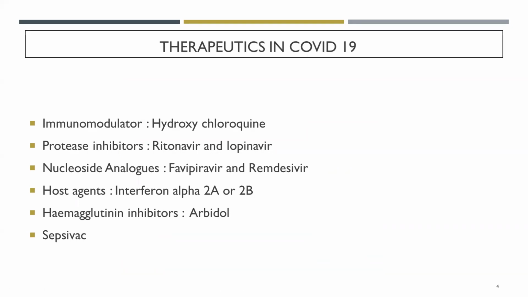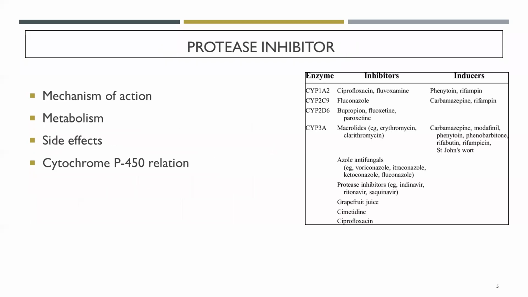The newly available ones, which have not yet gone beyond phase 2 trials, are Arbidol and the newly recent drug that is being studied in PGI Chandigarh. So briefly, it inhibits the aspartyl protease, so that further viral packaging and release is inhibited.